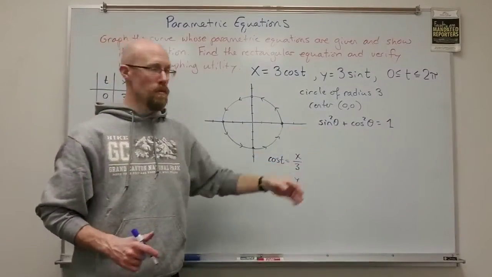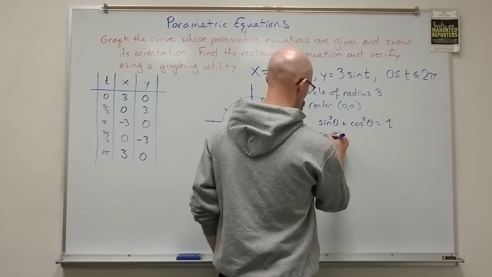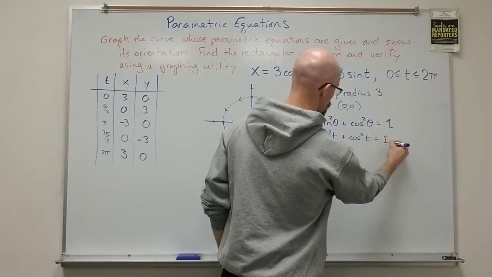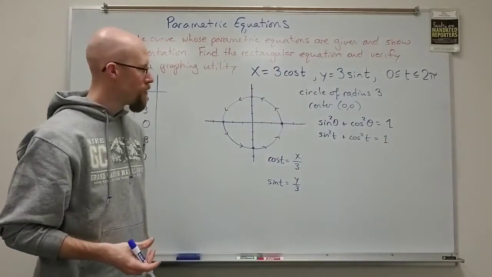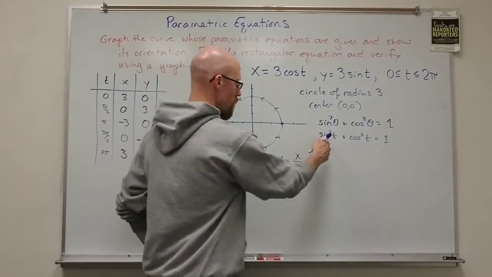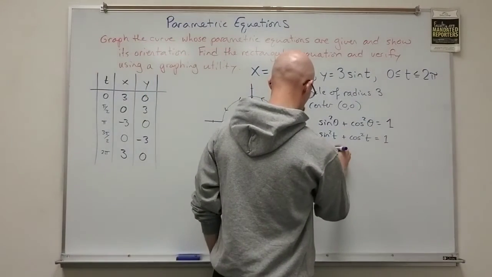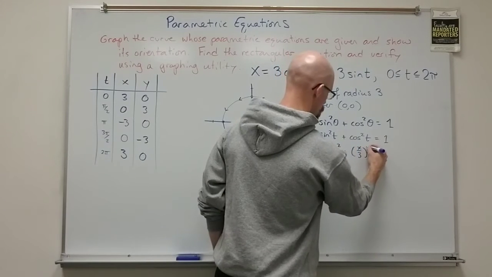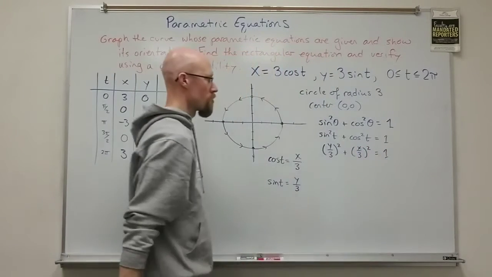It doesn't matter the variable. So the sine squared of t plus the cosine squared of t is equal to 1. The variable is arbitrary. And then I can replace the sine and the cosine with these expressions. So this is y over 3 quantity squared, x over 3 quantity squared equals 1.